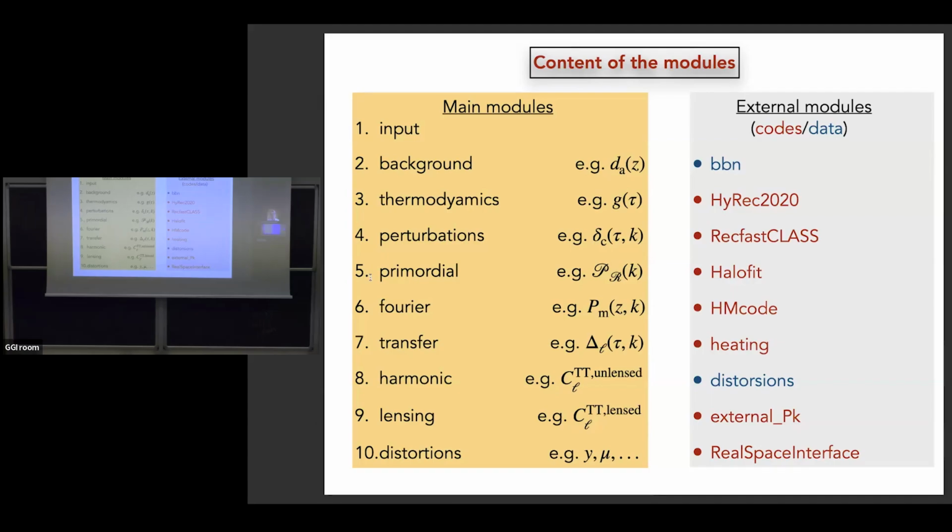External PK is when you are an expert of inflation, but your model of inflation is too complicated to be solved by CLASS itself. Maybe you have multiple-field inflation, you have your own code, and this would be an interface between your own code and the primordial module, such that your own code is computing and passing on the fly a primordial spectrum. Real space interface is something that I will show.